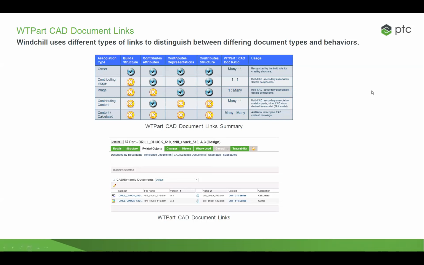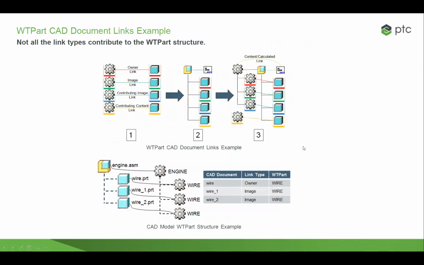To give more explanation about those variations, I can jump to this, which shows you some examples. Here you can see that there are two kinds of examples. In the upper part, you can see how the system reacts, step by step. On the first step, on the left side, you have these different component CAD models with different kinds of links.